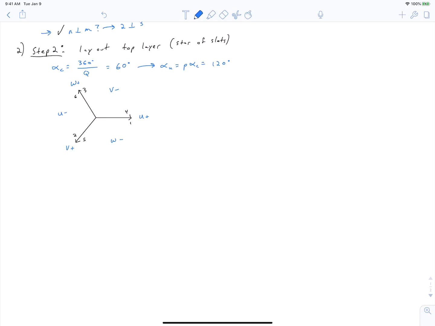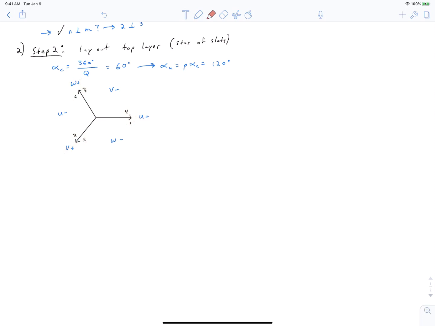And so you can see we've got this star of slots where coil sides 1 and 4, that is the top coil sides in slots 1 and 4, belong to phase U in the positive direction, that is going into the page. And similarly, phase V has coil sides 2 and 5, and W has coil sides 3 and 6.